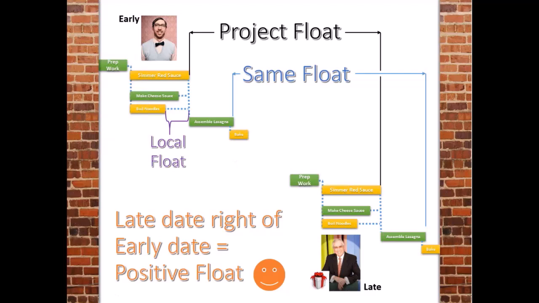And if you've ever looked at the schedule report, you've probably noticed that there were different float numbers, and you're like, why are there different numbers of float? Well, the common number you're seeing a lot of is the critical path float, the project float, and the other numbers are the local float. And remember, these little things can kind of slide to the left, to the right if need be.